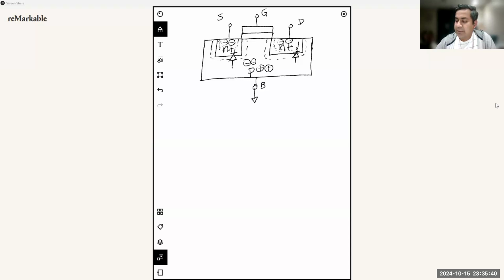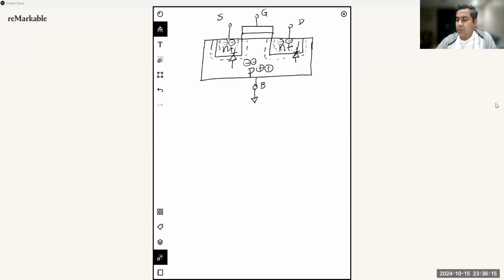But you can see that whatever voltage we apply at the source or drain, there will be no way to have any current flow between these two N plus regions. And that is the purpose of having this gate terminal, because the gate terminal voltage is going to control the channel, and it's going to create a channel between these two N plus regions, so that there can be a current flow between the drain and the source.